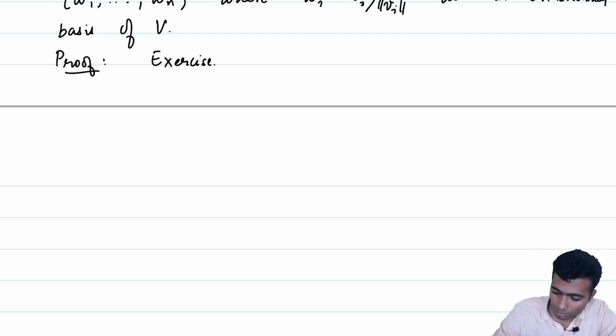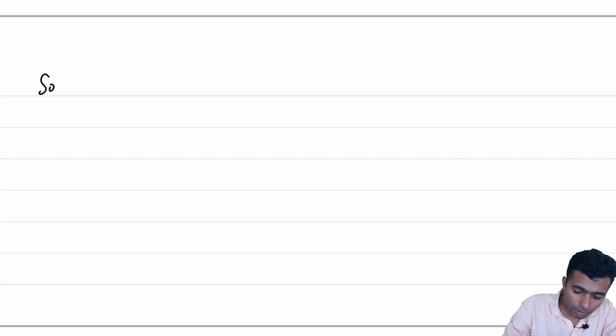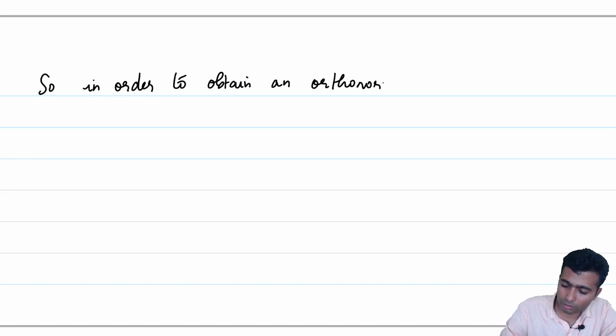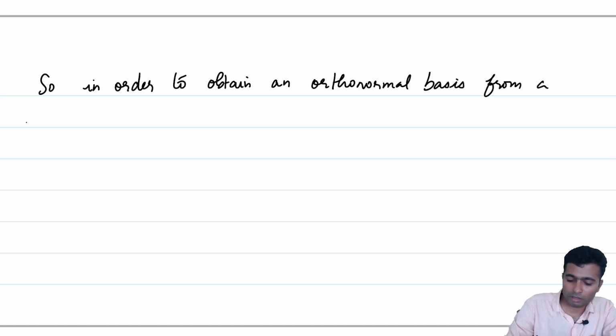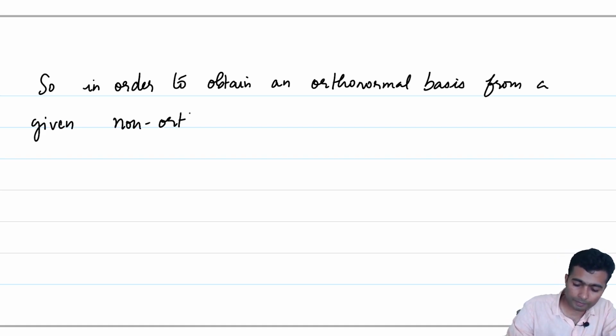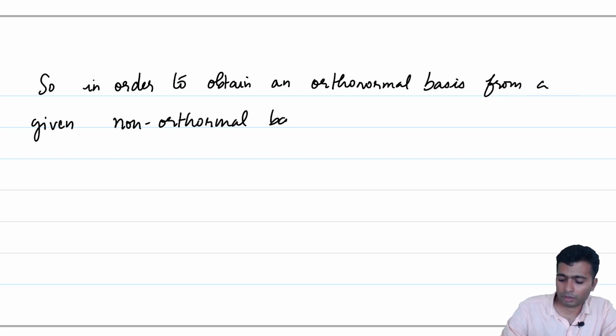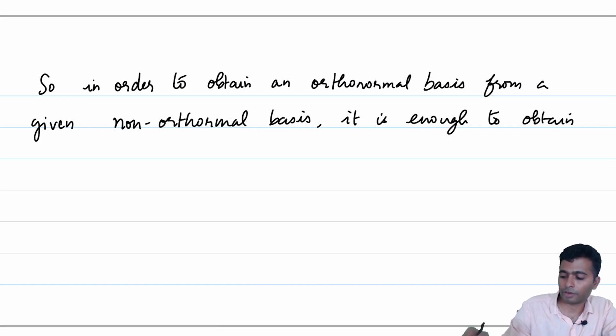In order to obtain an orthonormal basis from a given non-orthonormal basis, it is enough to obtain an orthogonal basis from it.